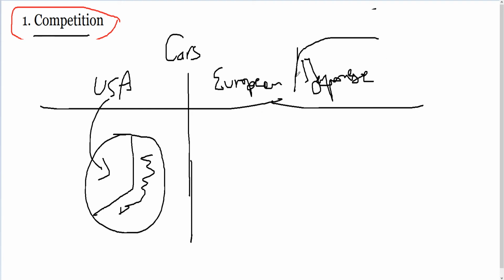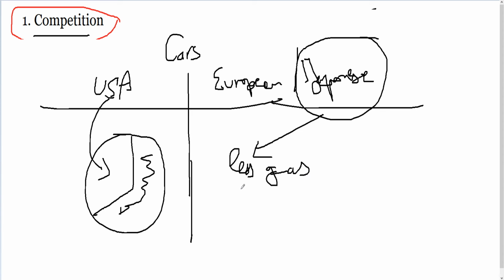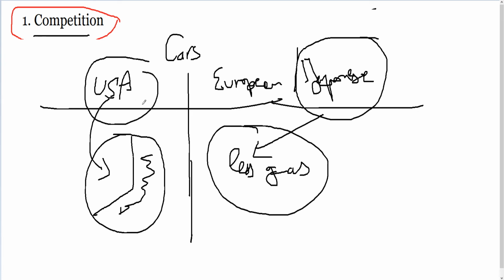Japanese cars use less gas. Their engines are not as robust as USA cars, which have very powerful engines but consume a lot of gas. When Japanese cars need less gas to fill your tank, people like them more because they don't spend that much money. USA cars are excellent, robust and bigger, but the problem is that they consume more gas. So you see competition always.